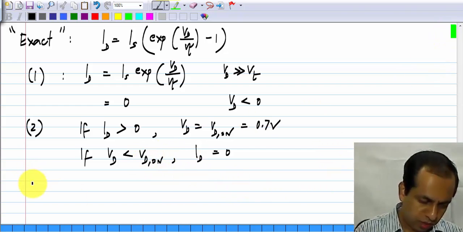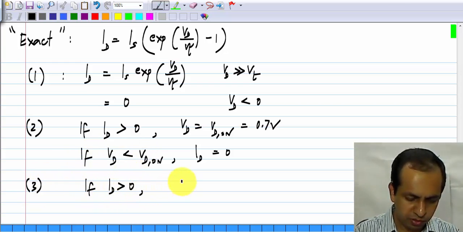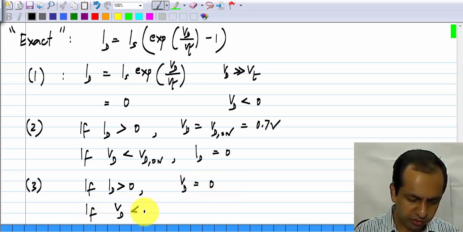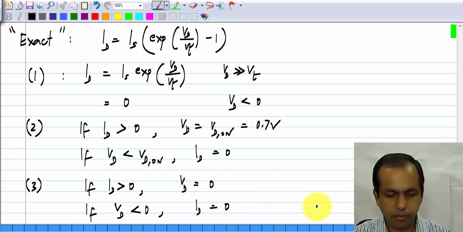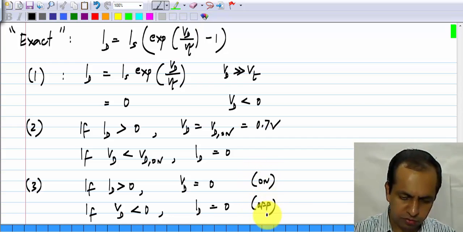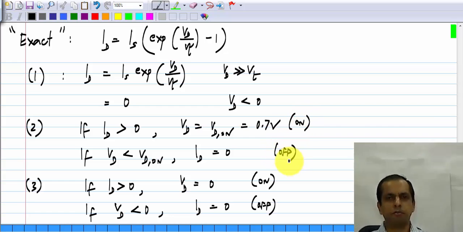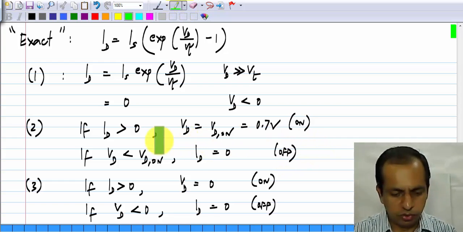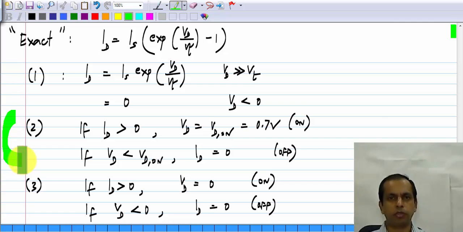And an even cruder version of this is to say that if Id is more than 0, Vd is 0, and if Vd is less than 0, Id equals 0. So, this is the on diode and that is the off diode. In this course and generally in many courses for hand calculations, you will end up using this as a reasonable approximation.